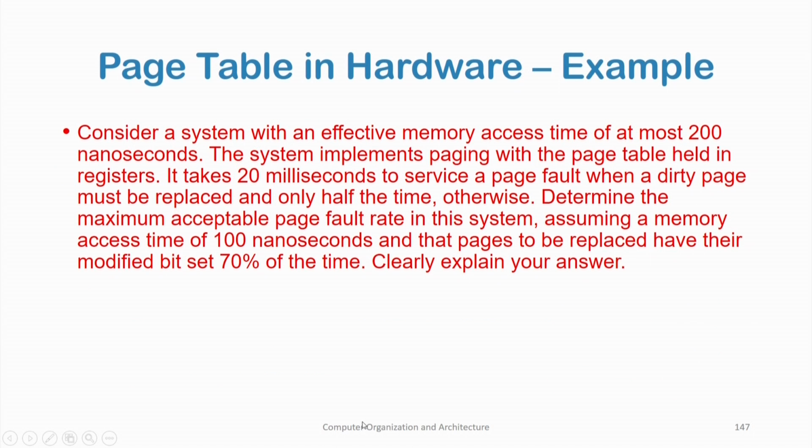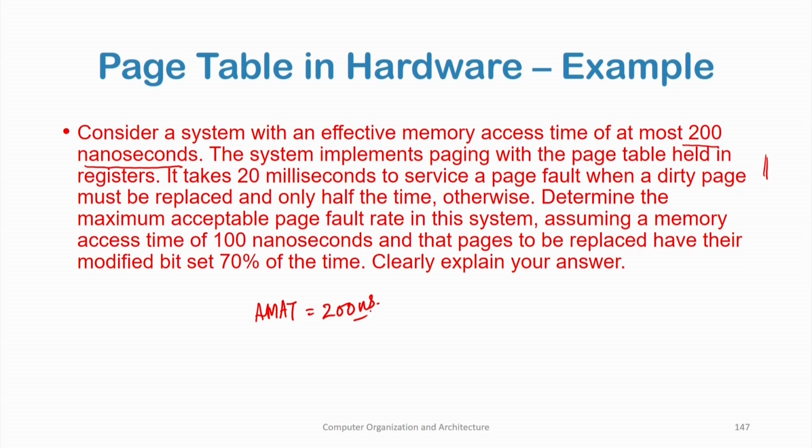We will take another example before going into page replacement. So, consider a system with an effective memory access time of at most 200 nanoseconds. So, effective memory access time or average memory access time is equal to 200 nanoseconds.